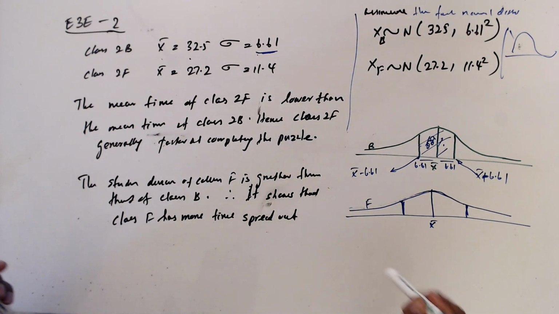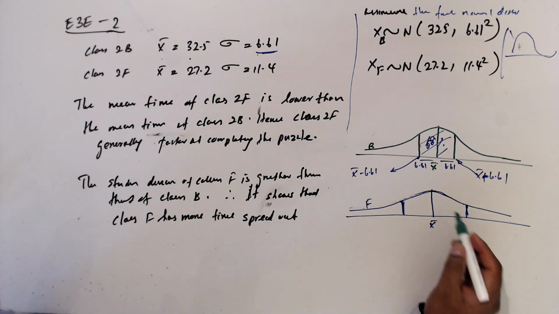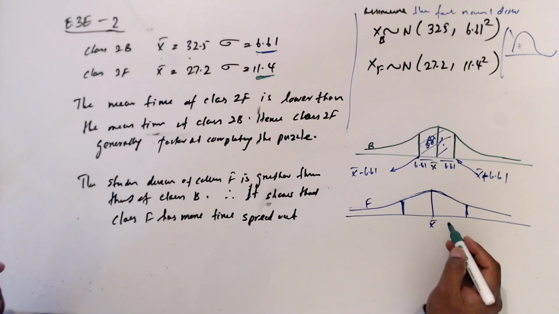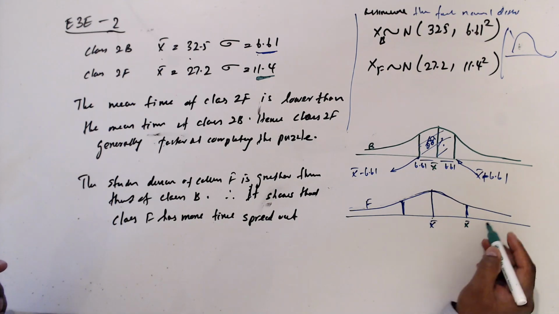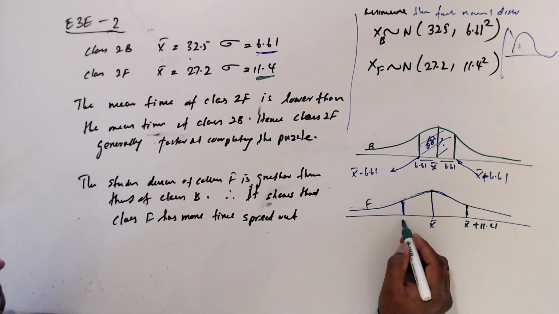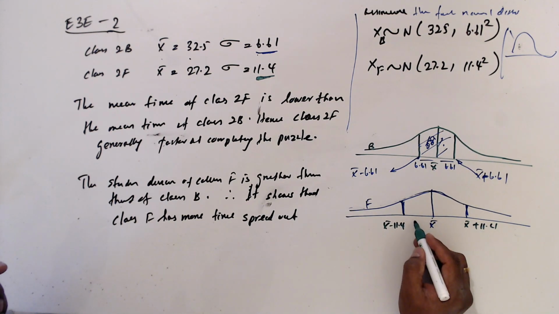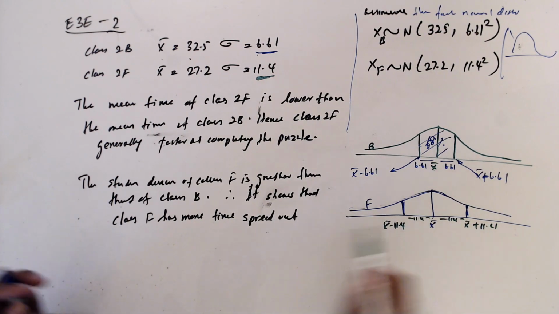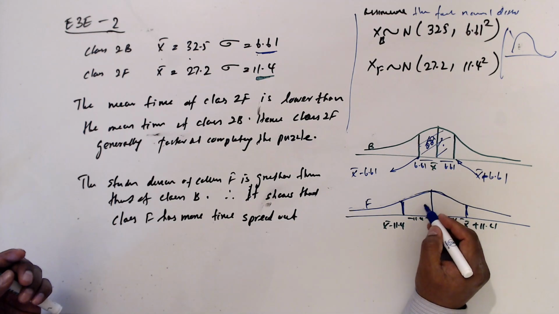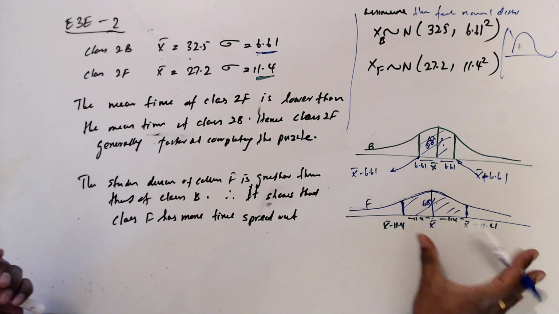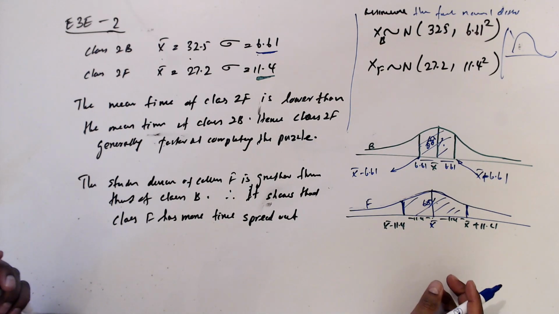But in class F it is 27.2, and with this far, it means this is going to be x bar plus 11.4, and this is x bar minus 11.4. So this distance is 11.4 on both sides. Now you can see that this 68% of data is more spread out.